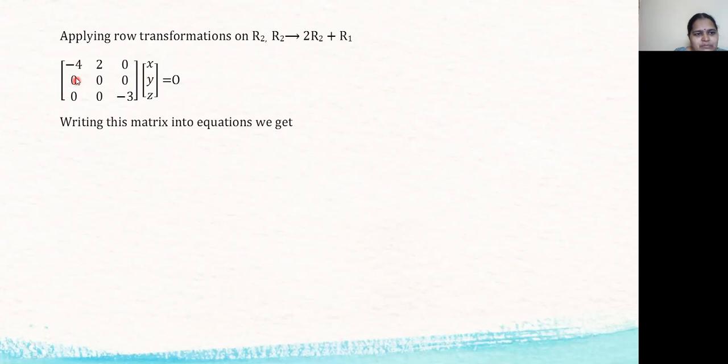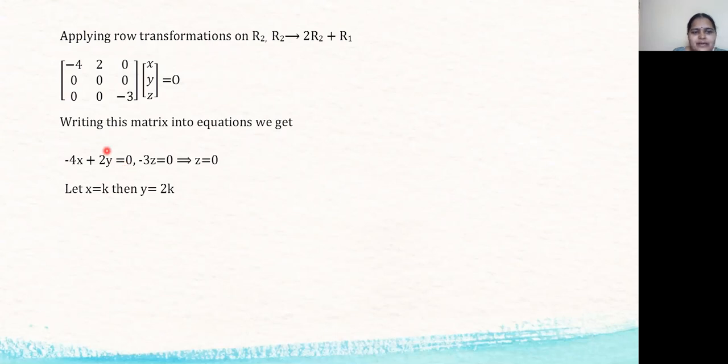So this is the matrix which we get after the row operation, and then we write them into equations. First equation is minus 4x plus 2y equal to 0. The last equation is minus 3 into z equal to 0, which gives us z value 0. Again, we have one equation in two unknowns. Let us suppose x value as k.